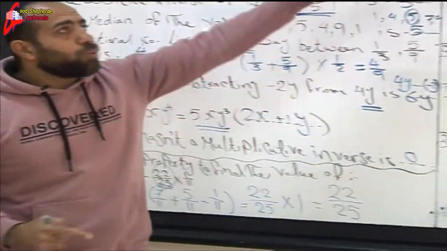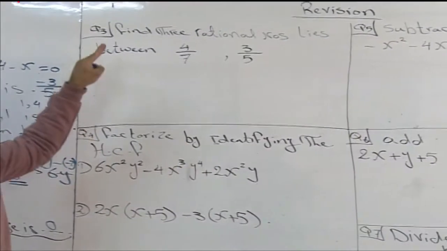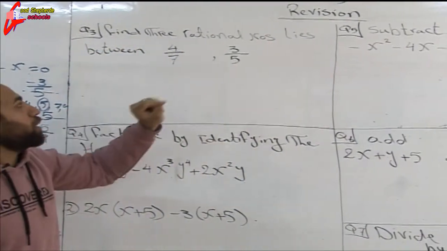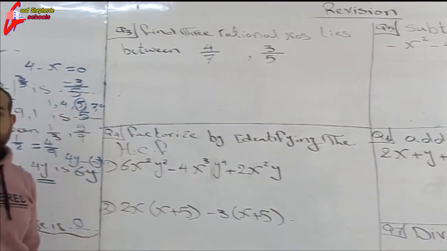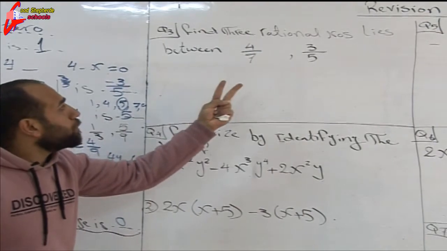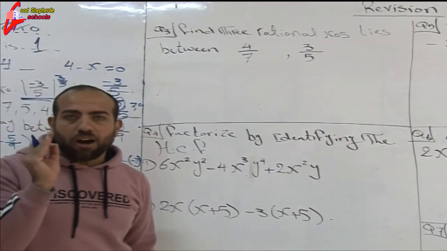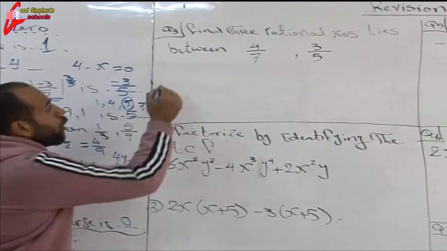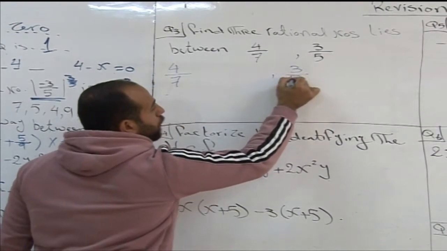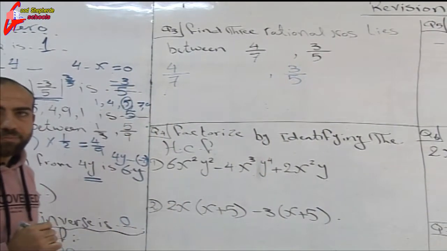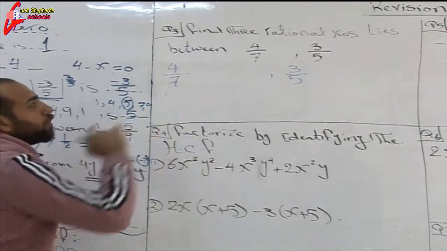Now let's move to question number 3. The question is, find 3 rational numbers that lie between 4 over 7 and 3 over 5. These 2 rational numbers have different denominators, so I have to unify the denominators.